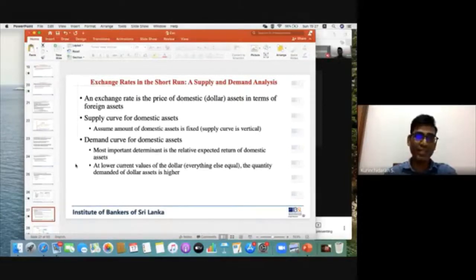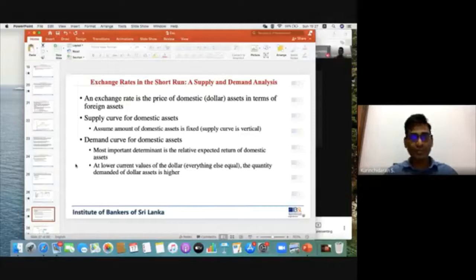Here the domestic currency is mentioned as dollar, as the book stated. So you think the domestic currency is dollar, others are foreign currencies. So domestic is US, right? You think that way.